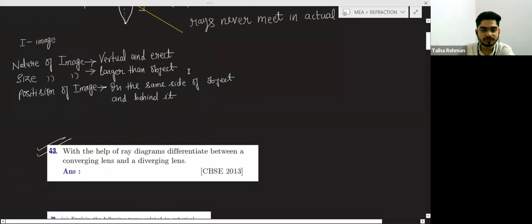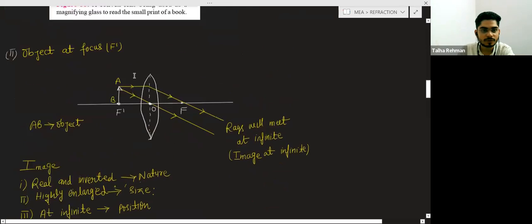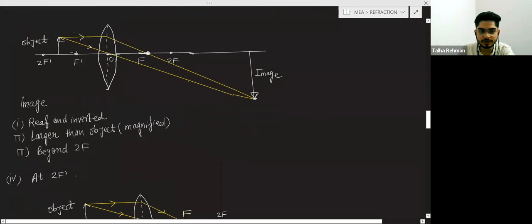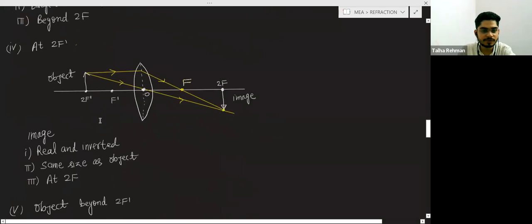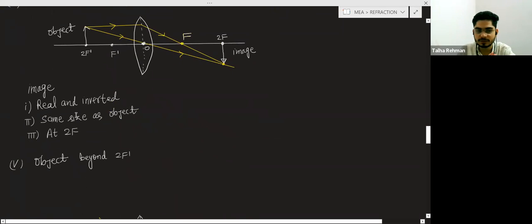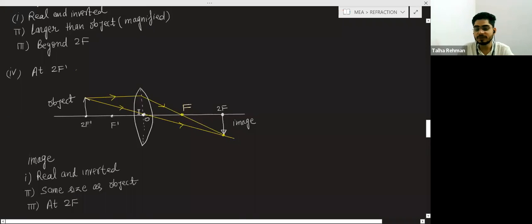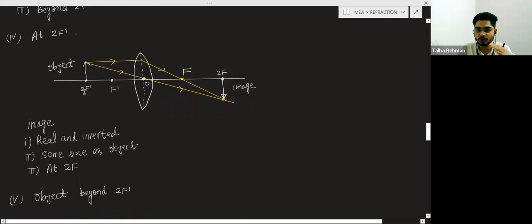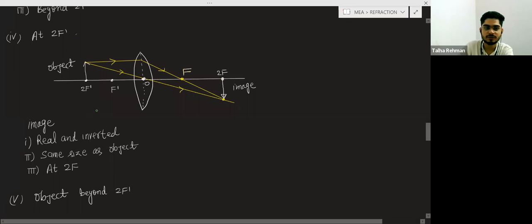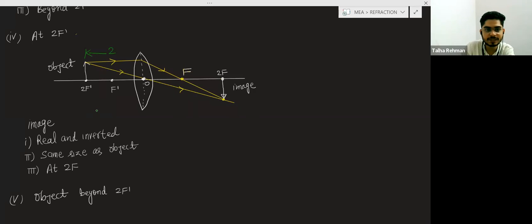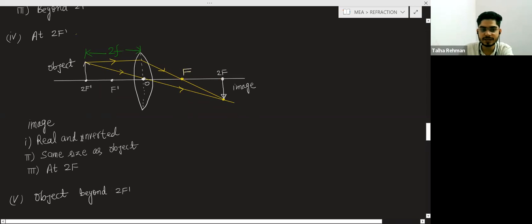Real image, inverted image, and real and inverted image, same size as object. See these two points. When will this happen? This happens for the case of a convex lens when you place the object at 2f. 2f means at a distance of twice the focal length from the optical center. This is the case: real and inverted image, same size as the object.